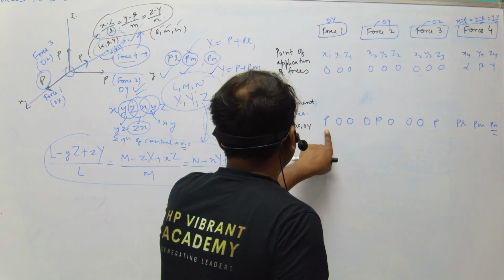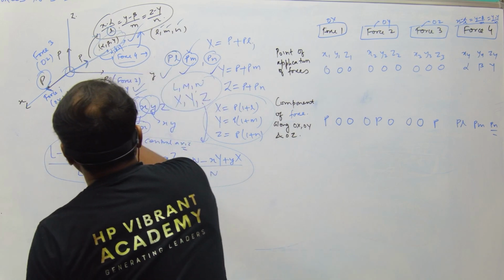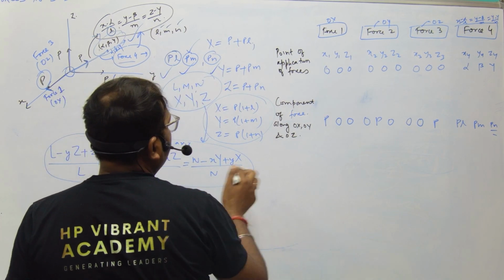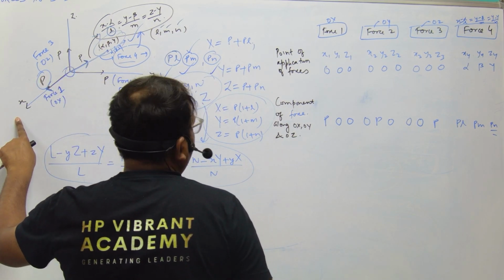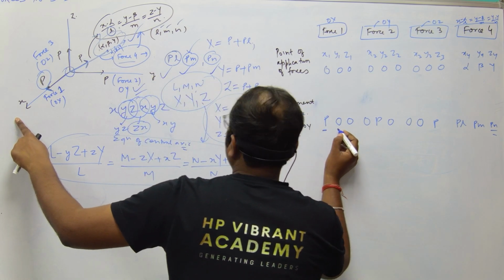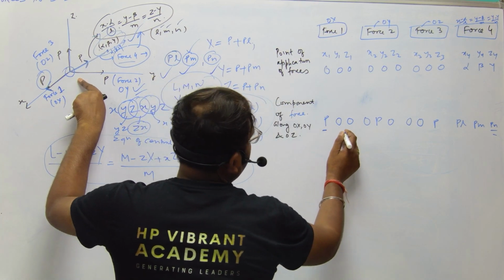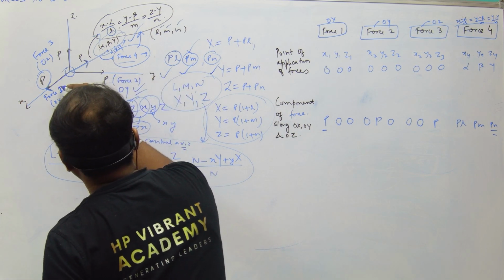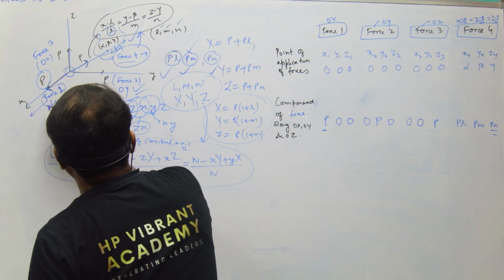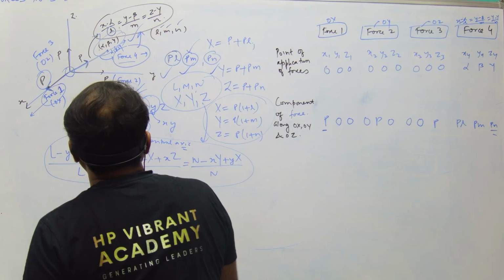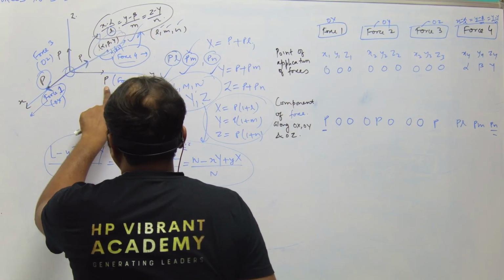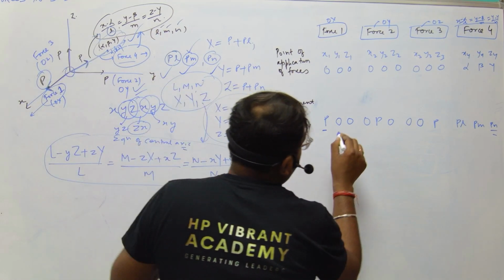Okay, so this P is the component of force along OX. So this is P and there is no component along y axis. Okay, so the component of force 1 is only along the OX. There is no component of force 1 along OY, that is y axis and z axis. So we have kept 0 here.